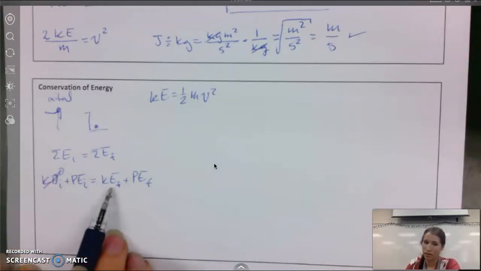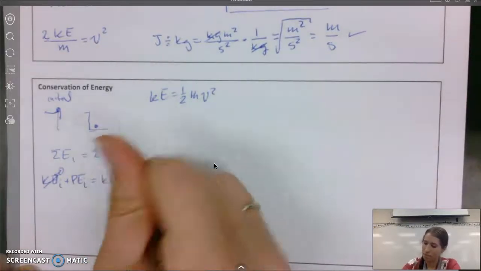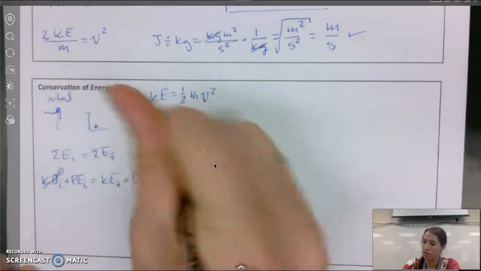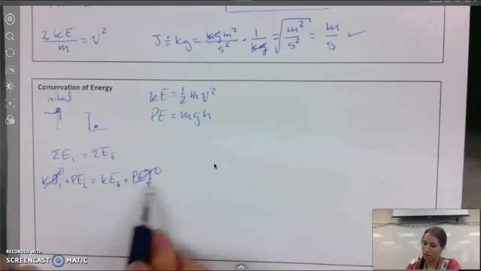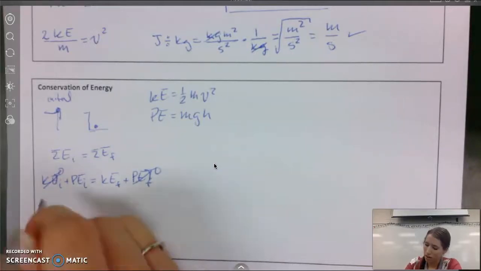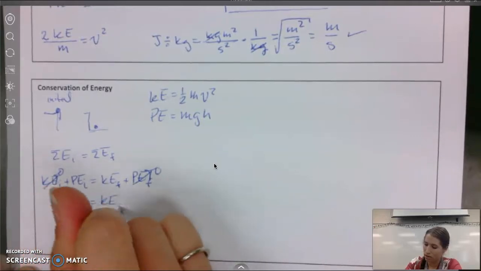Right before we hit the ground, the very moment right before, we do have a velocity, so we have a kinetic energy, but we no longer have a height, because potential energy equals mgh. That height is essentially 0, so we don't have any potential energy. And so then we could say the potential energy initial is going to equal all the kinetic energy final.